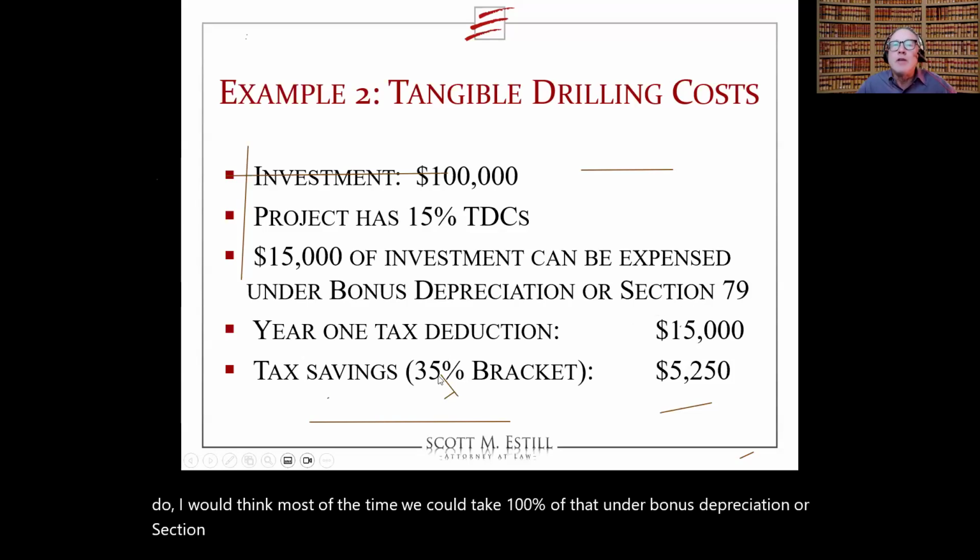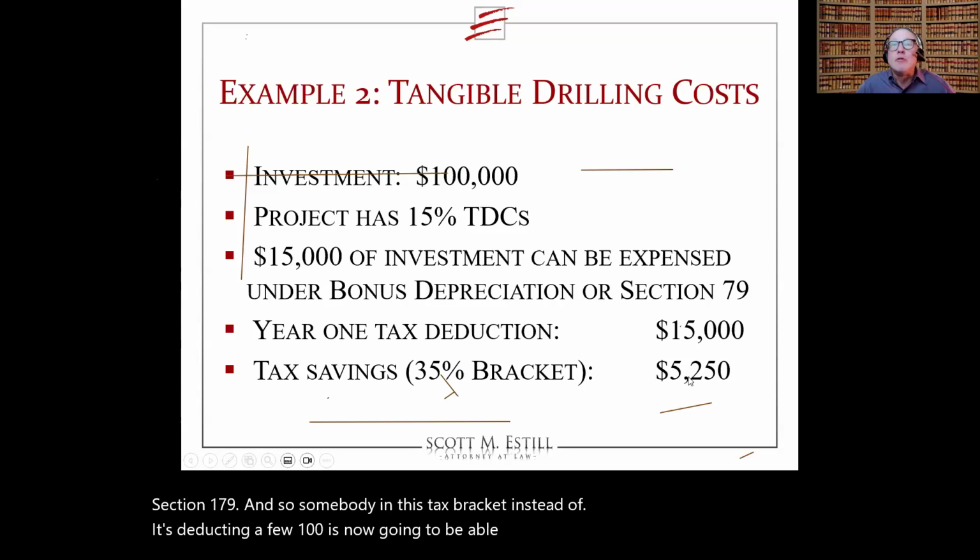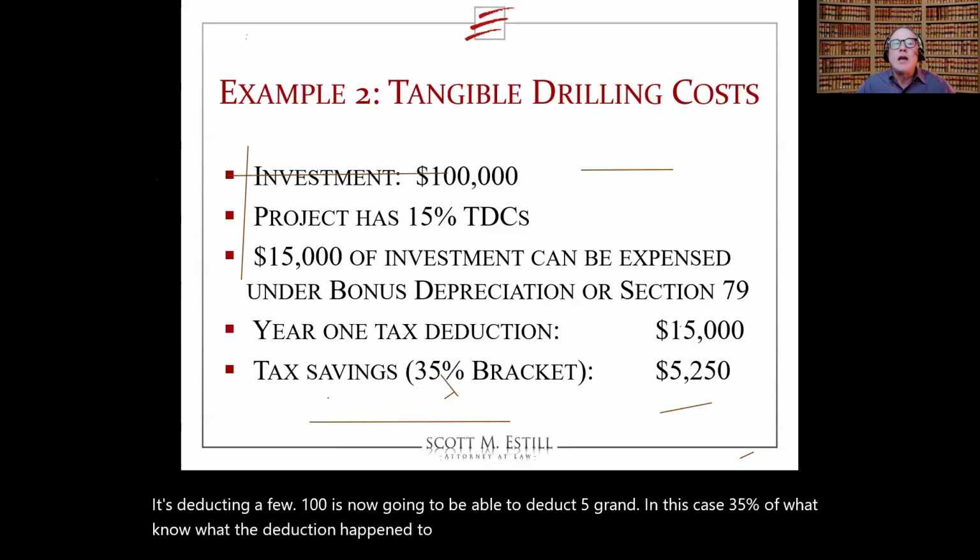And so somebody in this tax bracket, instead of just deducting a few hundred, is now going to be able to deduct 5 grand, in this case, 35% of what the deduction happened to be. So we get all of these tax deductions no matter what.